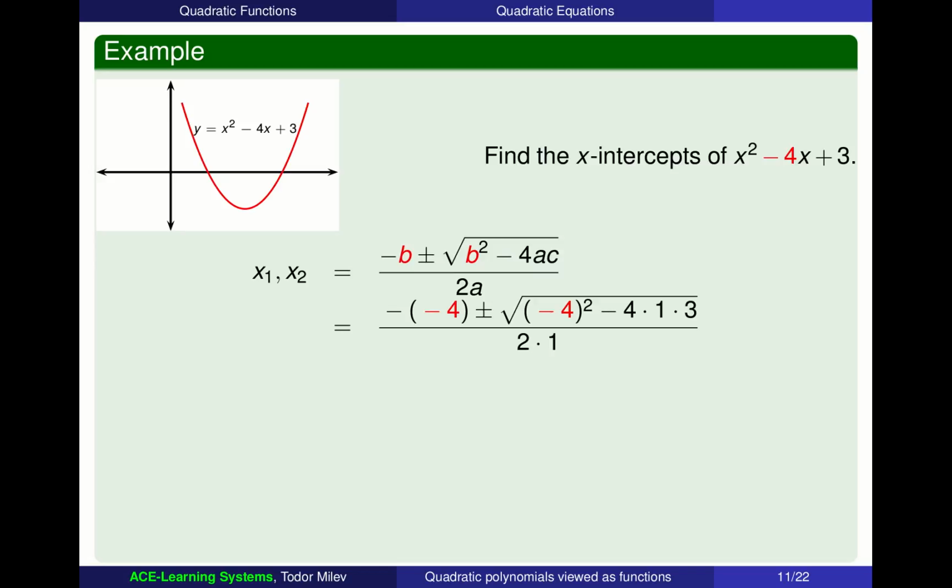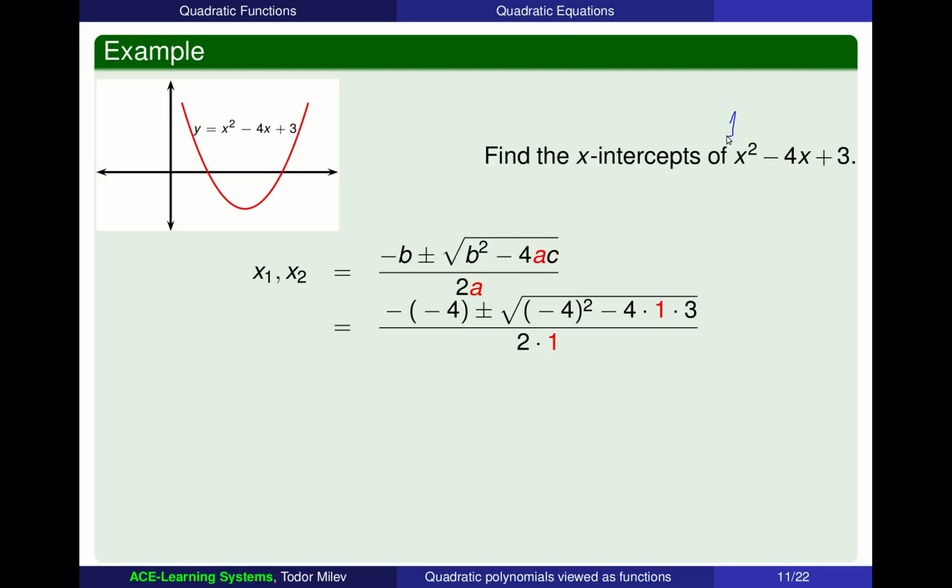where b is equal to negative 4. So that b here, I have to replace it with negative 4. A is equal to 1, right?